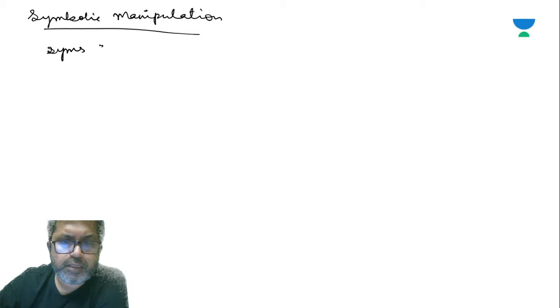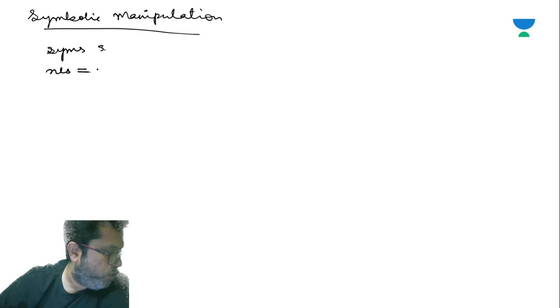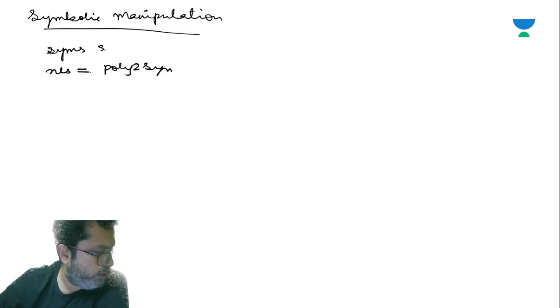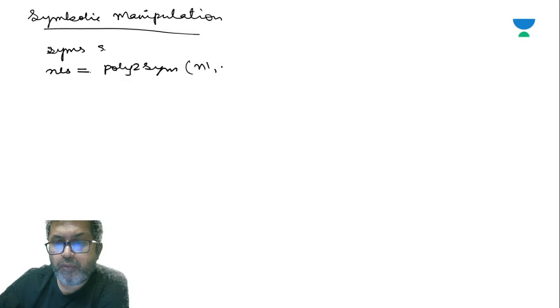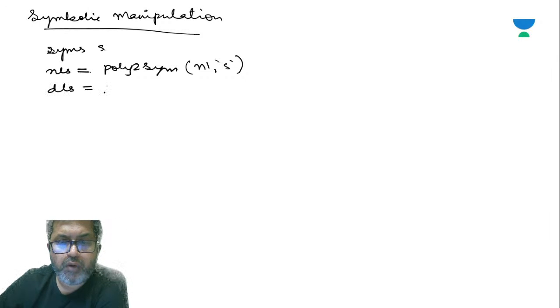Declare s as a symbolic variable. NLS is equal to poly to symbolic n1 comma s. DLS is equal to poly to symbolic d1 comma s.